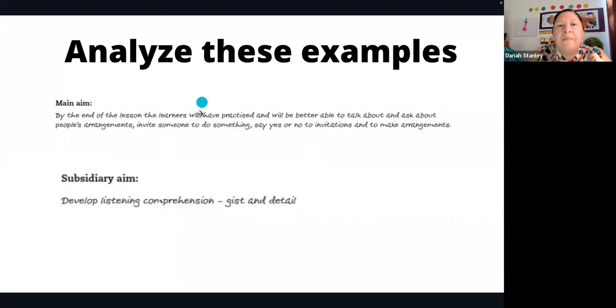If the main name or the main verb is have practice, will have practice. In here, I'm not going to introduce expressions or idioms to invite someone. That is the assumption I have.